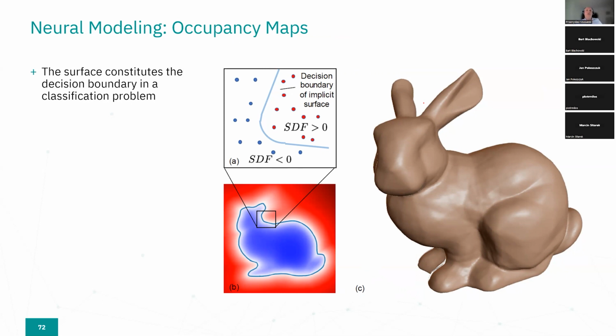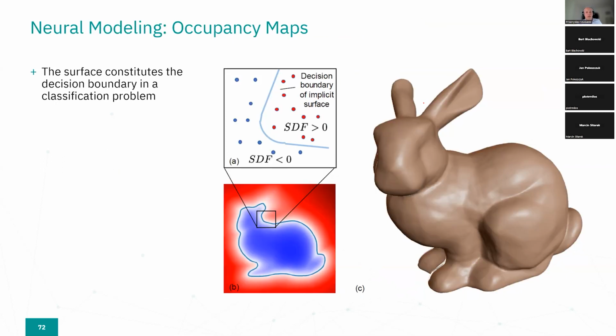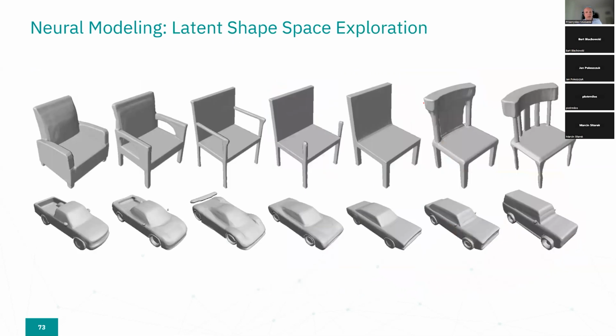So those networks are called occupancy map networks. It's essentially the same thing as the regression networks, because the direct representation of signed distance fields would be regression networks. So why is it interesting for modeling in graphics? Because we can now train a network not only on one single object, but on a whole bunch of objects of one class.